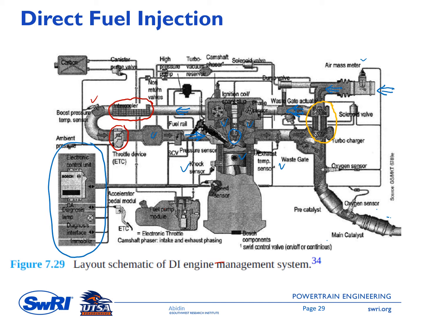So let me put red color. This is where the burned gas exits the engine, and then it is connected to the turbine side of the turbocharger. So this is the turbine, and then we have a wastegate.